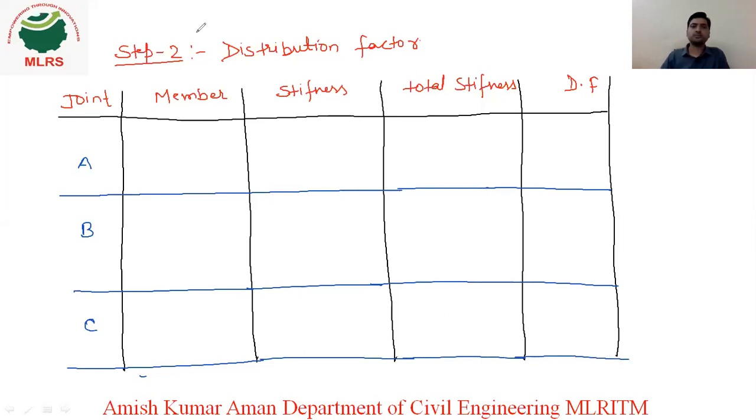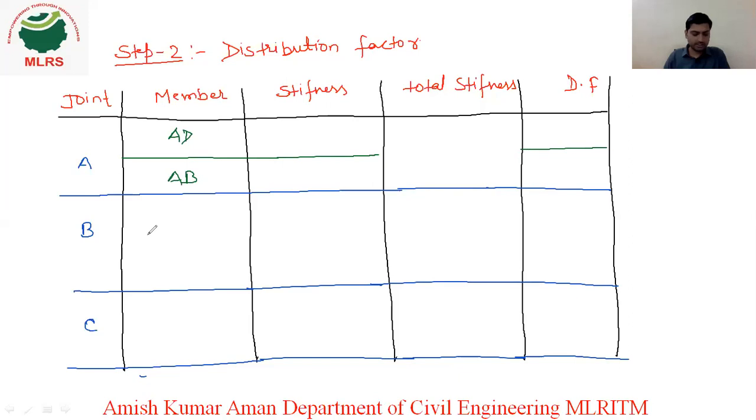Now, if you see, for A there are two members, AD and AB. We will have different stiffness and different distribution factor.